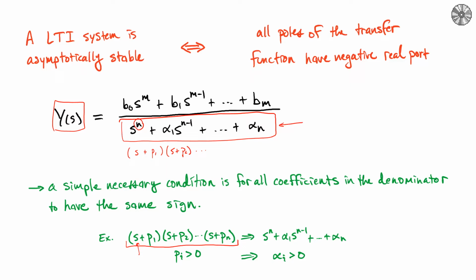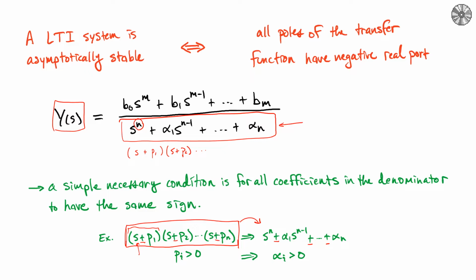So the pole is minus p1, and we know that all of the poles are stable. If I multiply this out, all of these signs should be positive, simply because all I have are positive values.